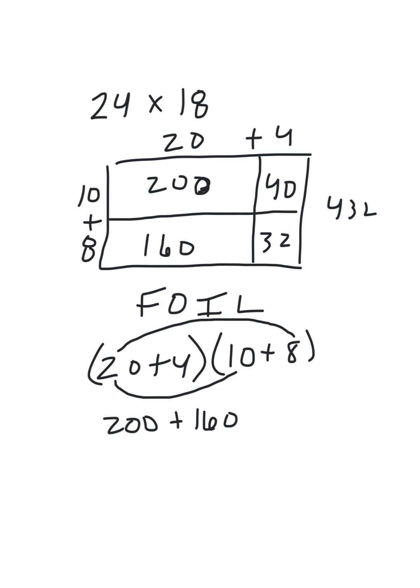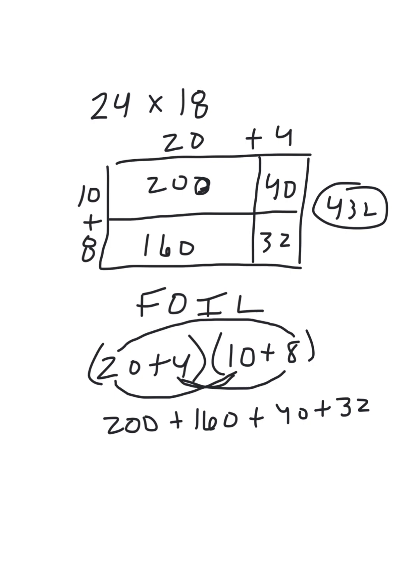Kind of see how it's matching up with area model, right? Then we have inner numbers. Then we have our last numbers. Again, when we add that all up, 160 plus 40 is 200, 200 plus 200 is 400. So again, we still get the number 432.